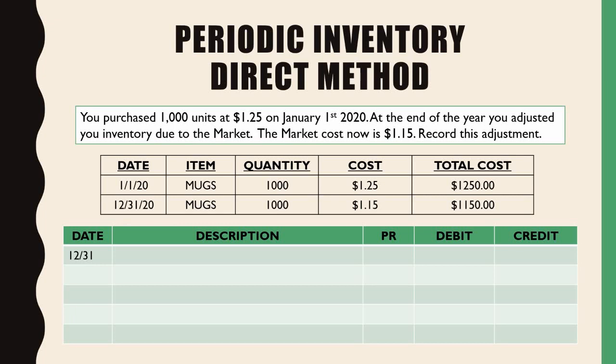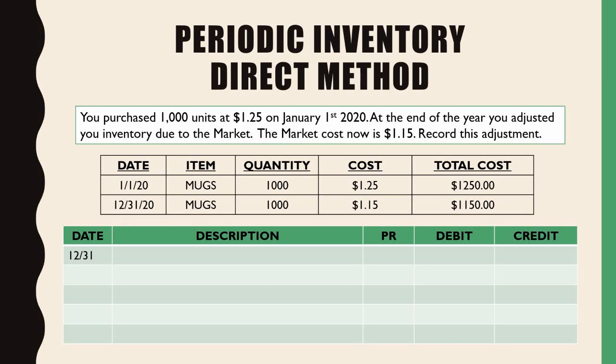Now your inventory, due to the market, the market cost is now lower. It's now $1.15. So now let's record this adjustment. In January, it was valued at $1.25. Now at the end of December, it's valued at $1.15.